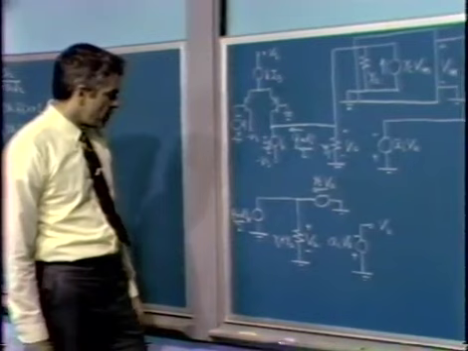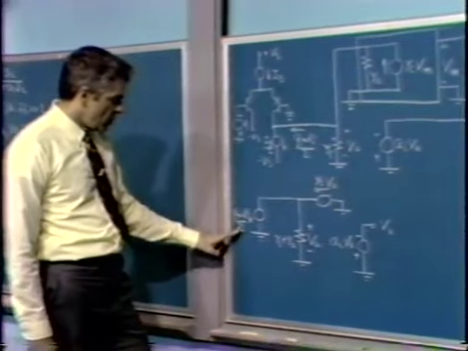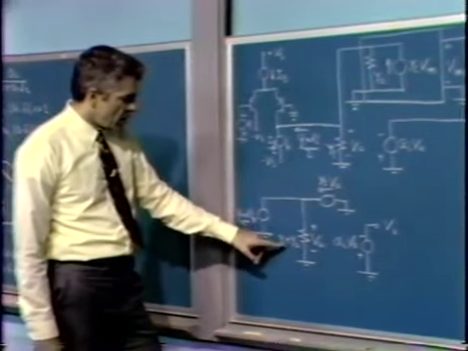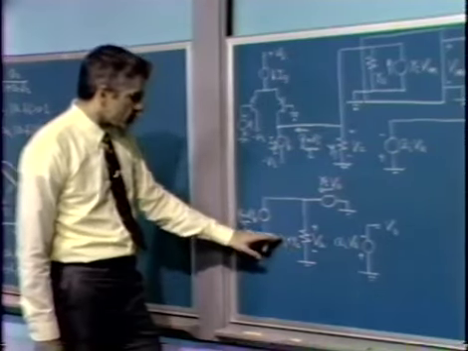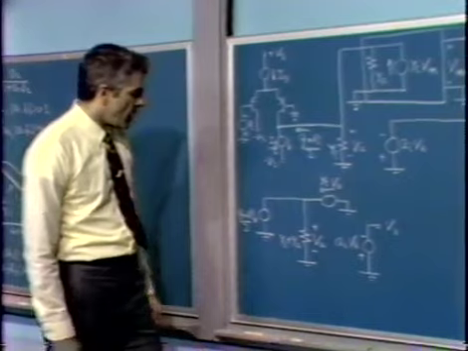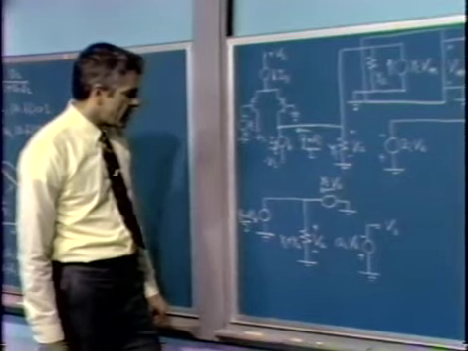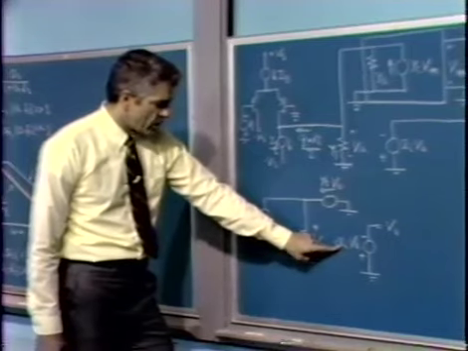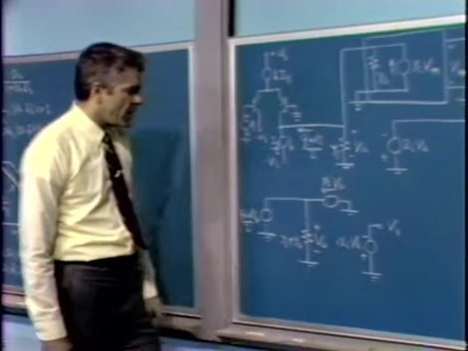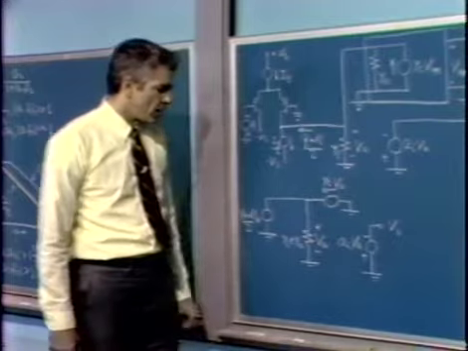Well, the gain would simply be GM over 2, that gets us to a current, times YI plus YA, divided by YI plus YA. That gets us the voltage at this point. We multiply that voltage by A sub I to get the overall output voltage.